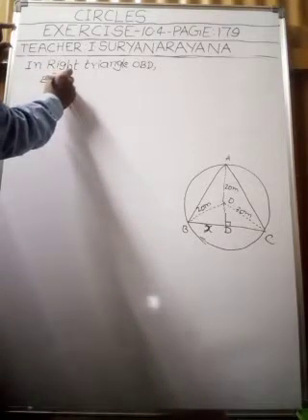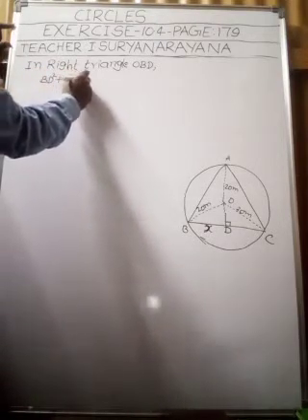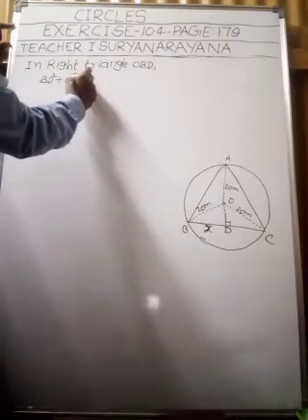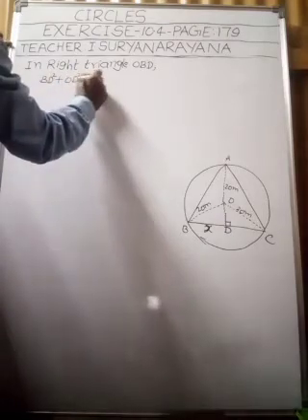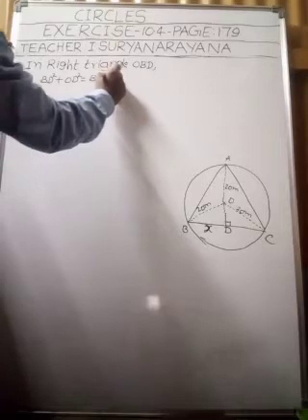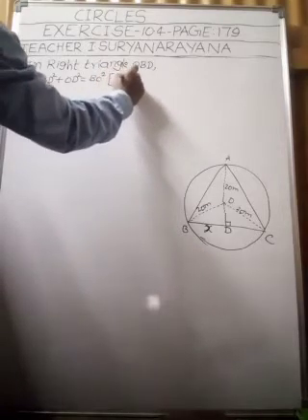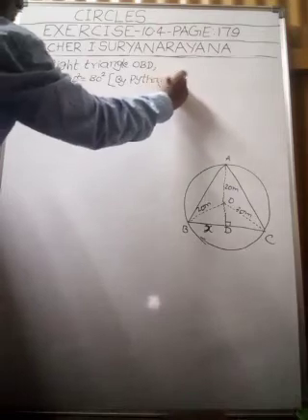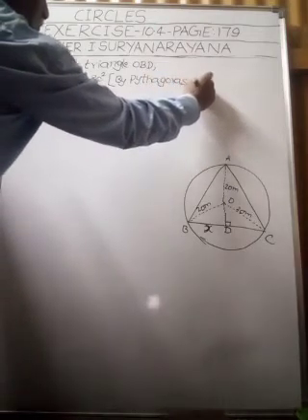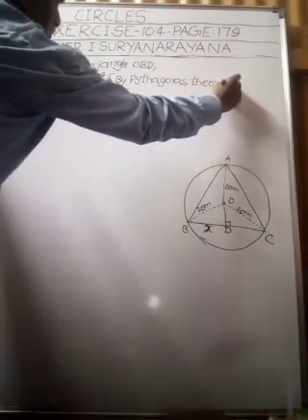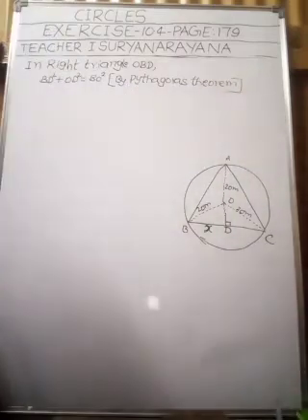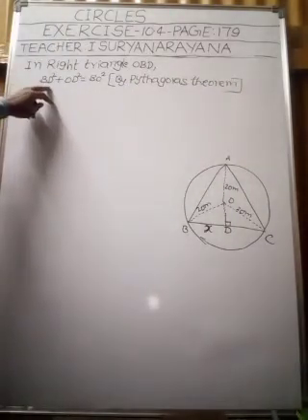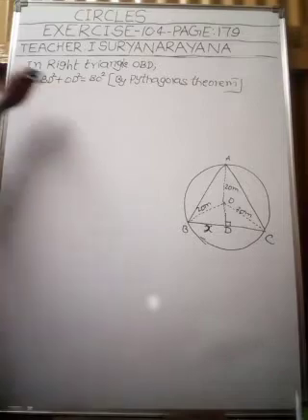BD square plus OD square is equal to BO square by Pythagoras theorem. By Pythagoras theorem, we got this step. We wrote this step. Understood this step, my children?